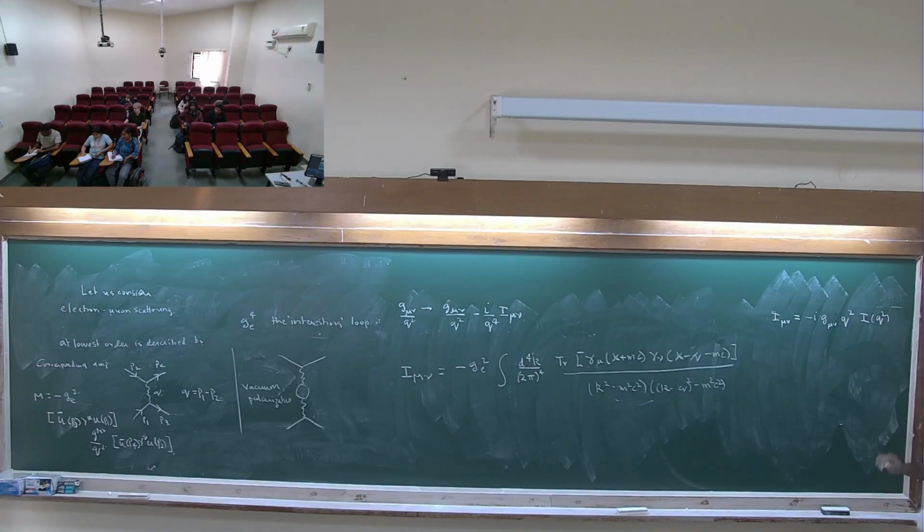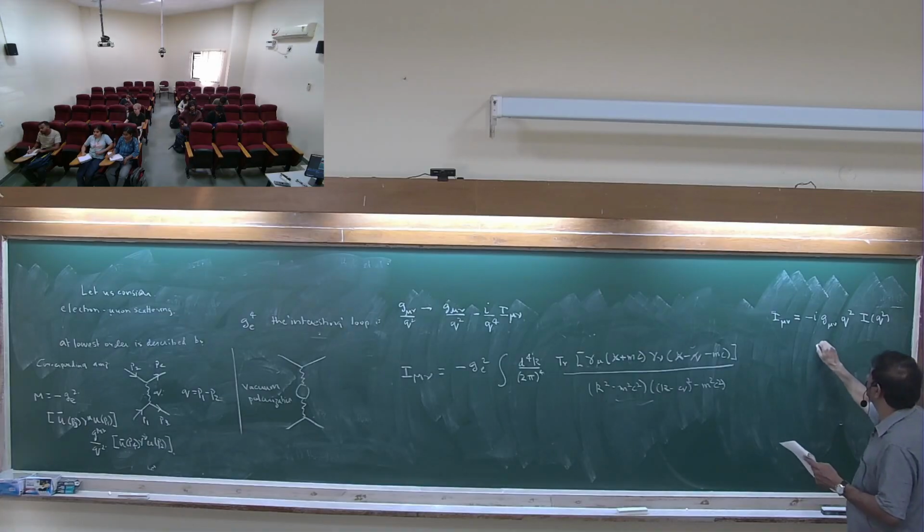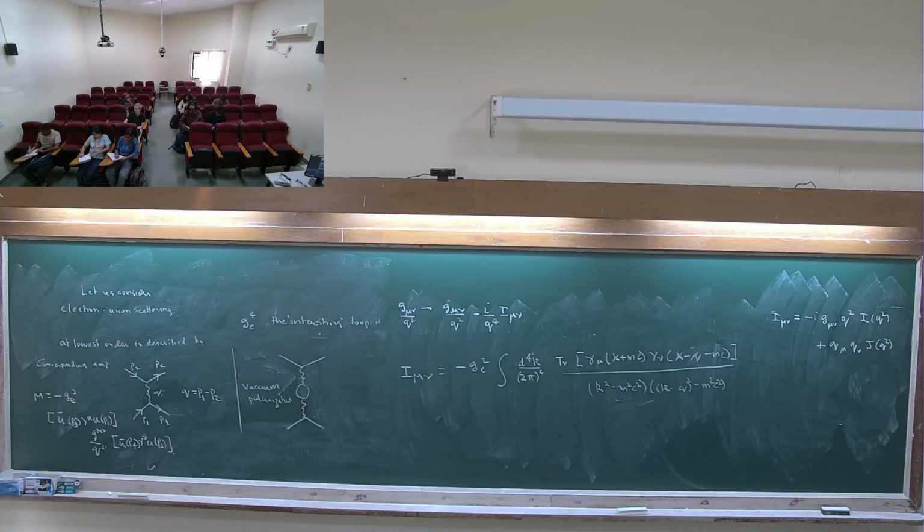That's the norm of that vector, plus Q mu, Q nu times some other thing which is called J of Q squared. So this is a decomposition of this I mu nu. This is the only possibility with the objects we have in hand, which are the metric tensor and the vector Q mu.